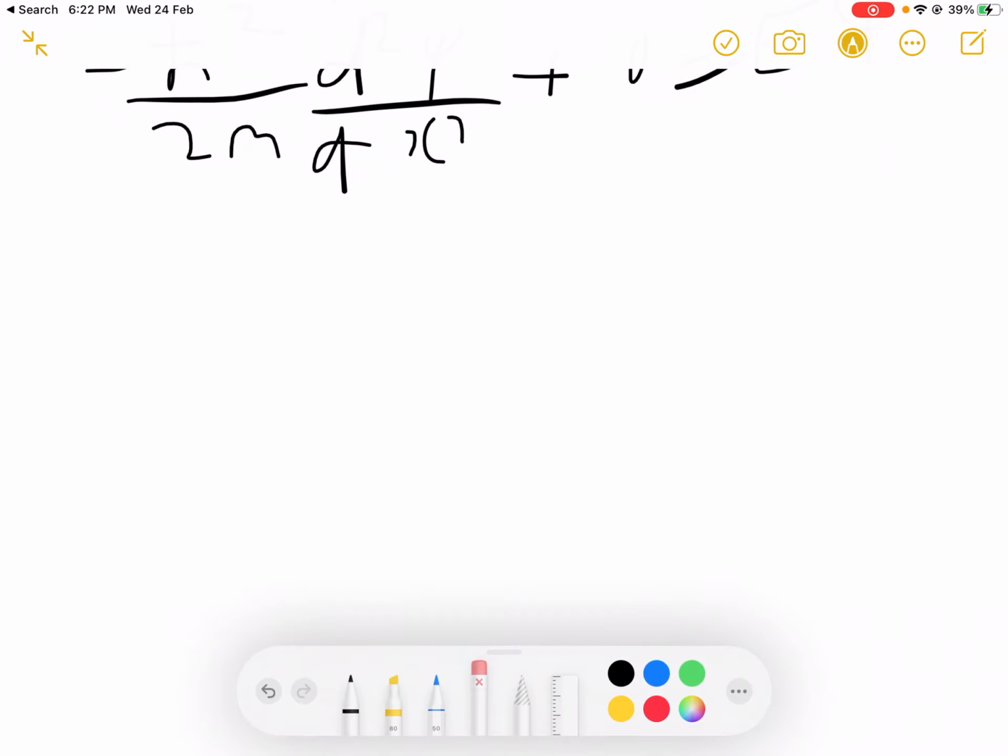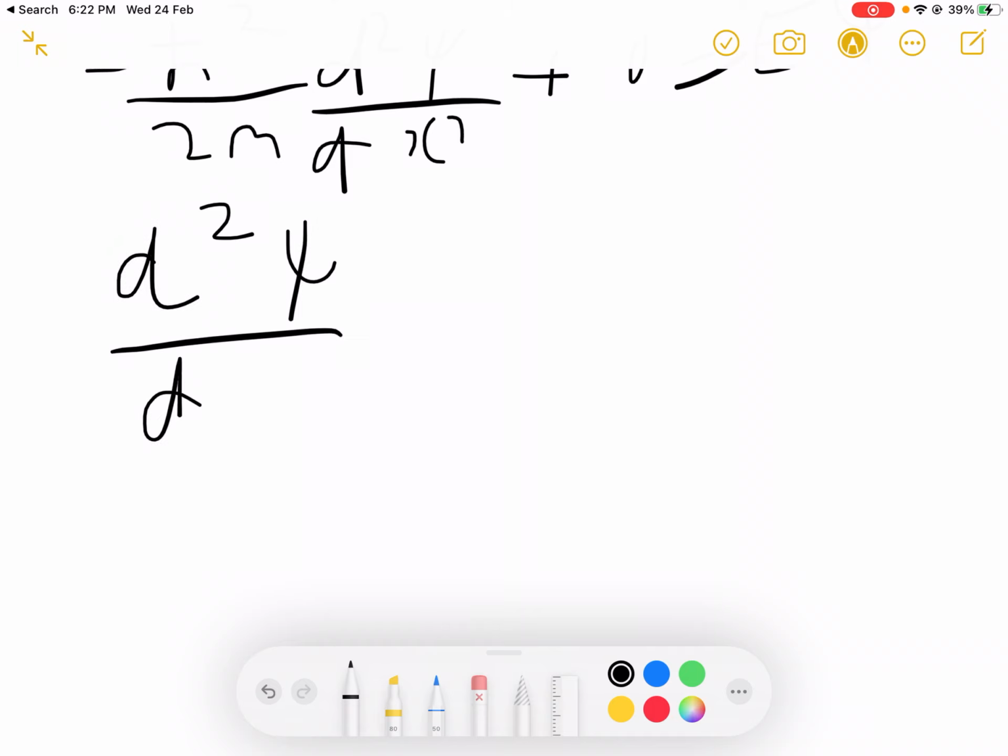Next, what we will do is take all of the terms and put them in respect of E. So we get d squared psi over dx squared is equal to negative k squared psi.